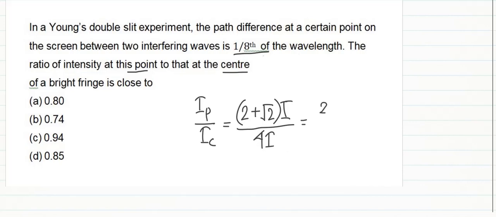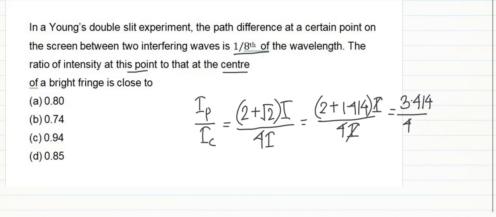It is 2 plus 1.414 multiplied by I divided by 4I. I and I cancel out. This becomes 3.414 divided by 4.